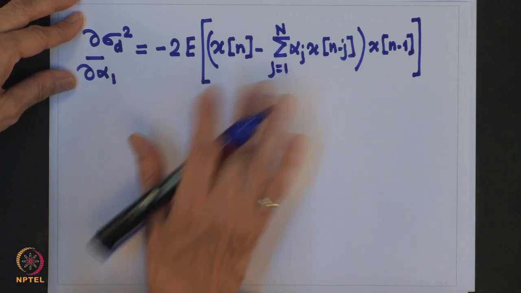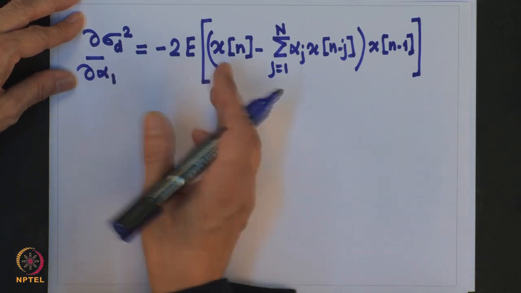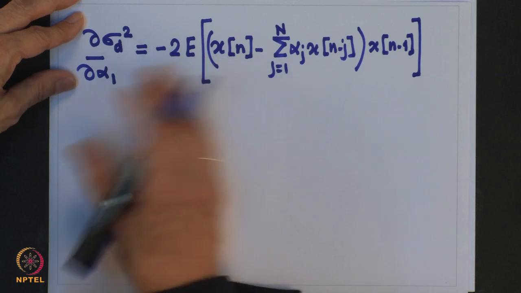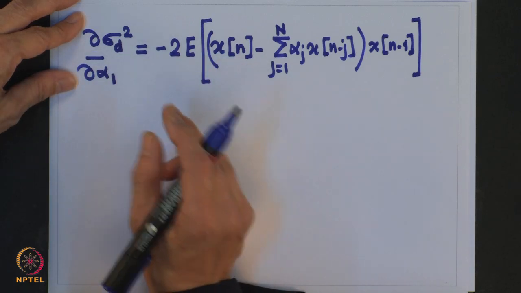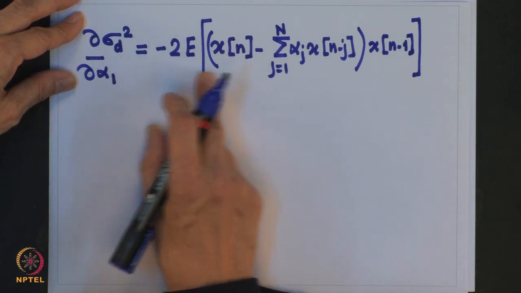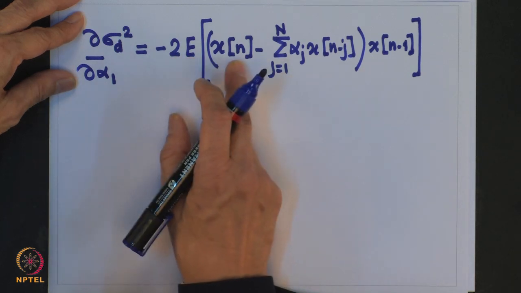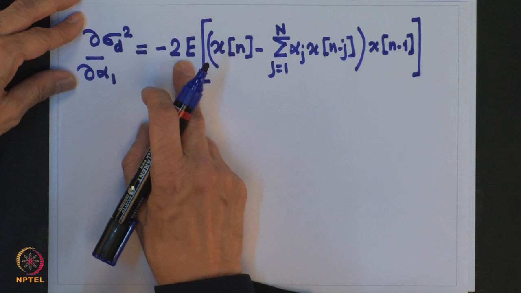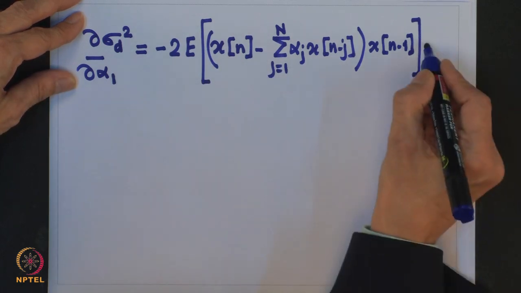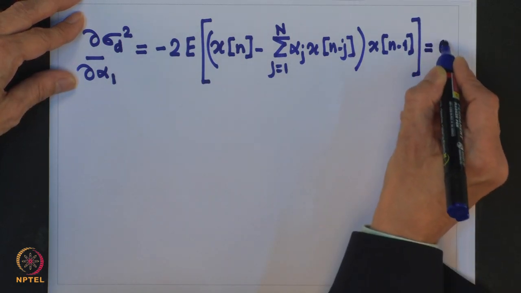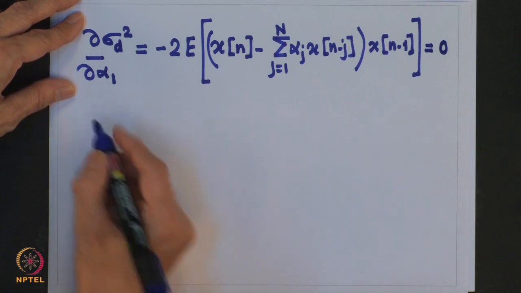So, in most of the practical cases, we can interchange the order of this operation, and this is what has been done here. First, the partial derivative has been taken and then the expectation. This will be equal to 0.